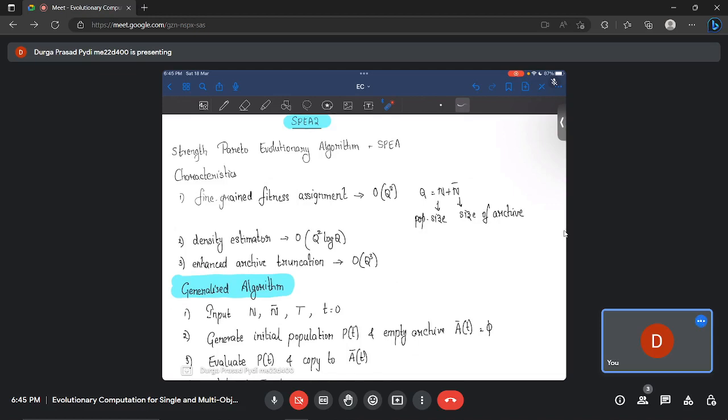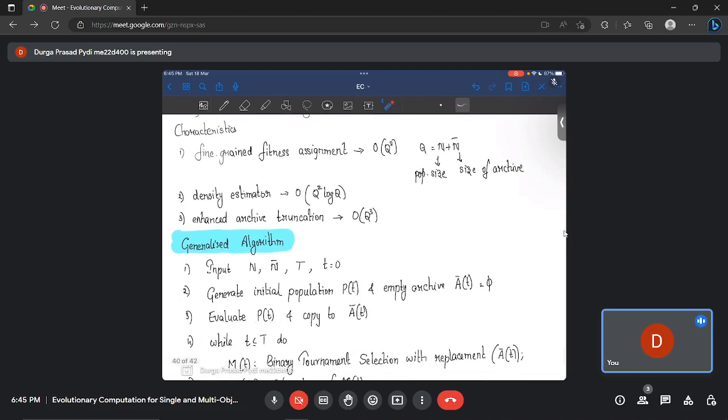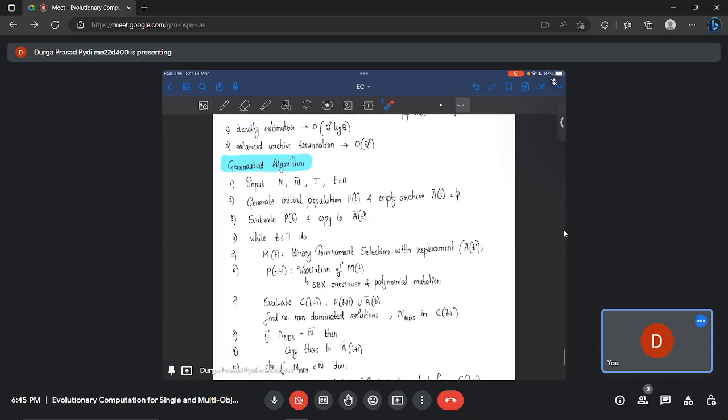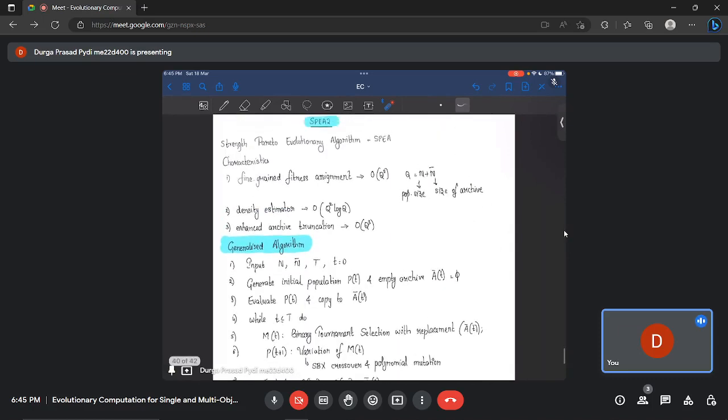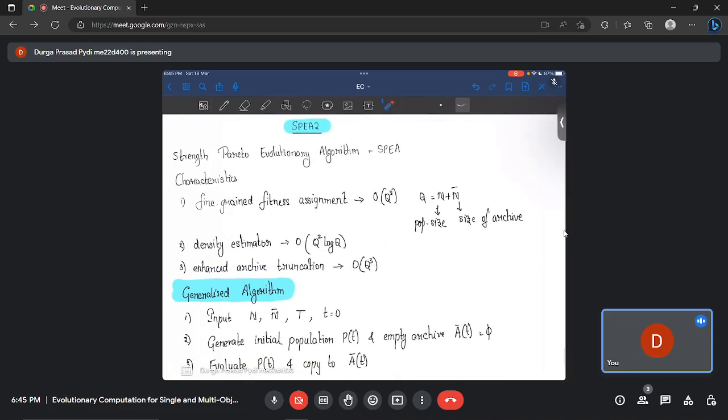How do we do that? We'll just see the algorithm first. There are two new terms here. The technique we are using for fitness is the fine-grained fitness assignment. We will see what this method is. Second, instead of the crowding distance, we are actually using a density estimator here.